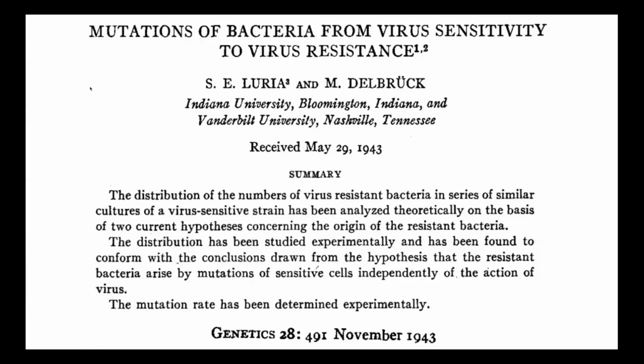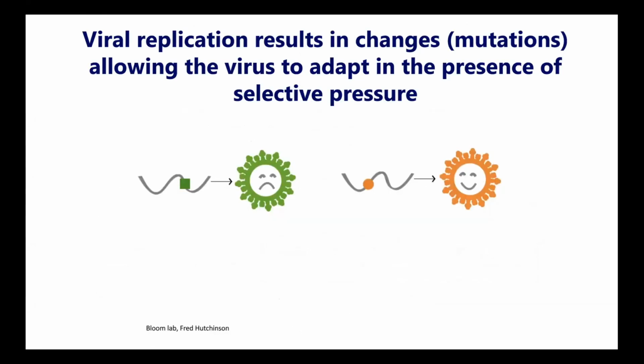And by showing this, they made the important observation that resistance in a microbial population is a rare event that pre-exists in that population and is not something that is induced by exposure to the population. For this work and others, the two of them got a Nobel Prize, but what they observed applies to drug resistance, antibody resistance, and so on, as we'll discuss.